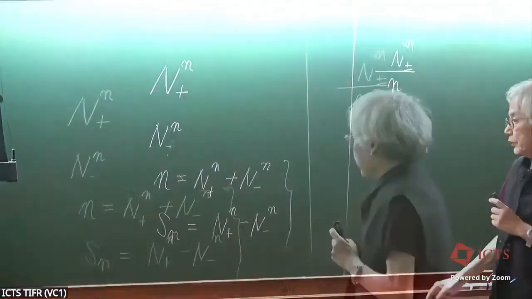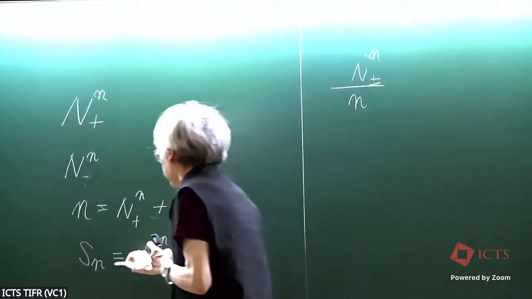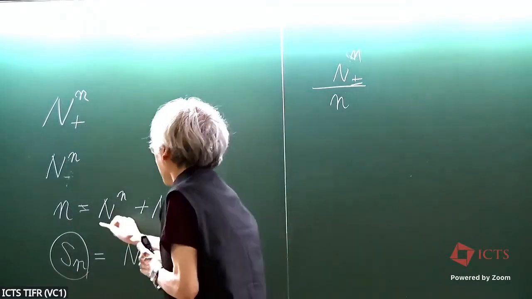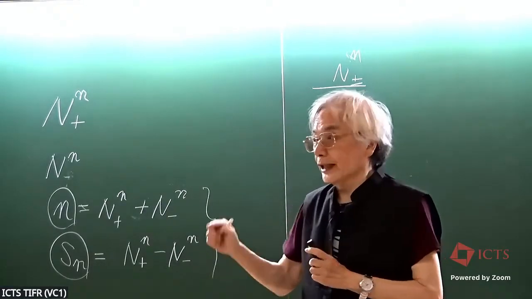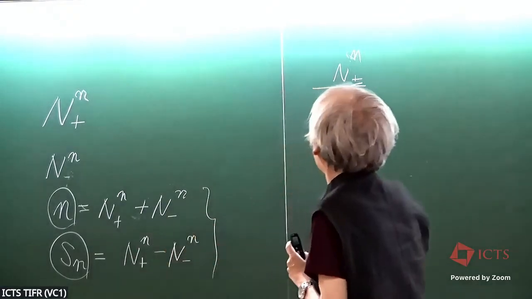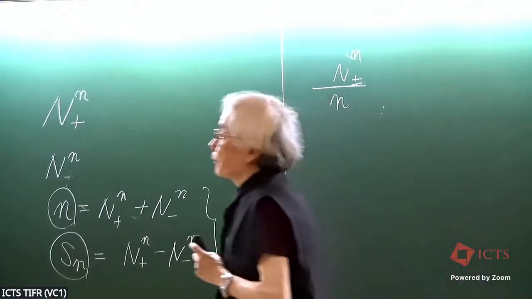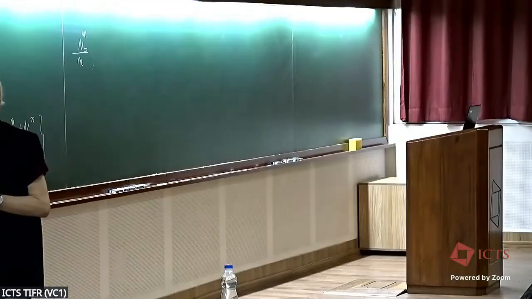And this value can be obtained from the position at time n. Then if you know the position at time n, we can get this ratio. From this, the process is Markov. Just from the position, we can get the transition.